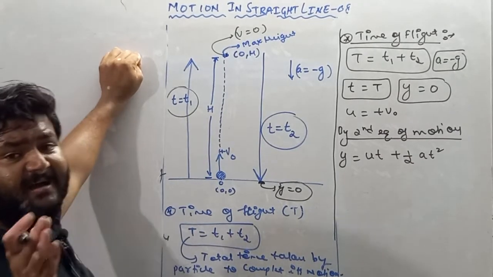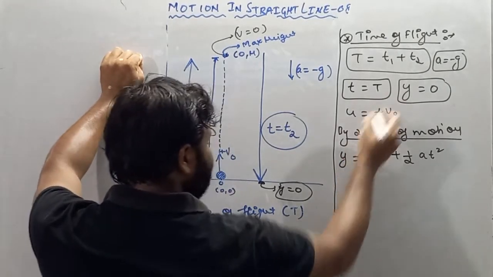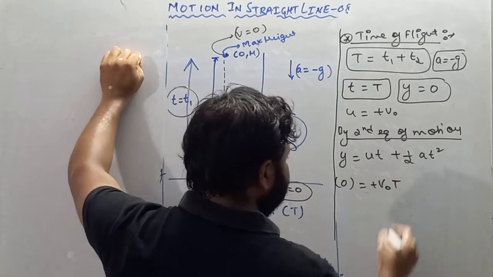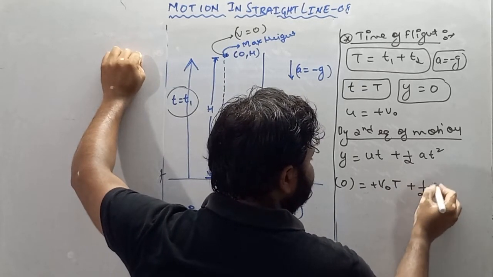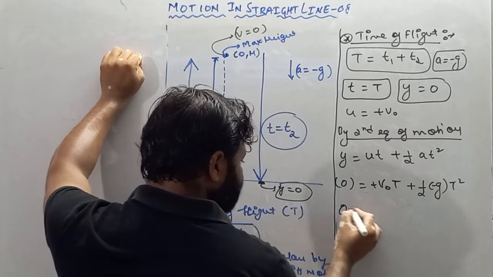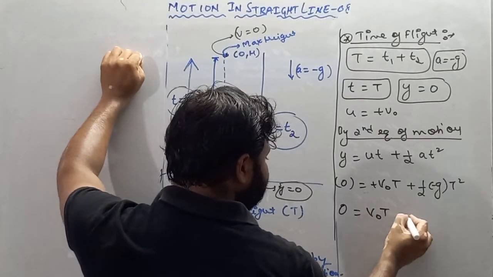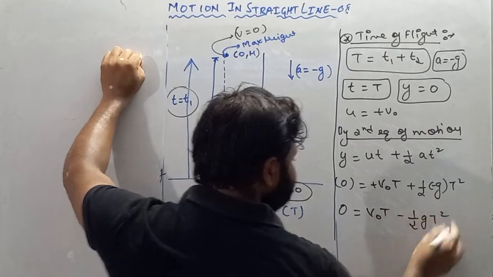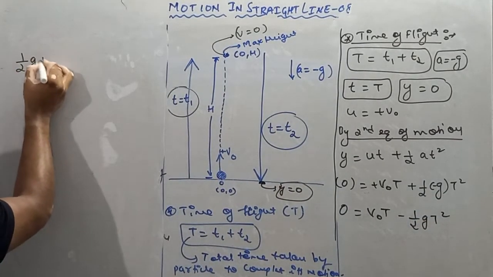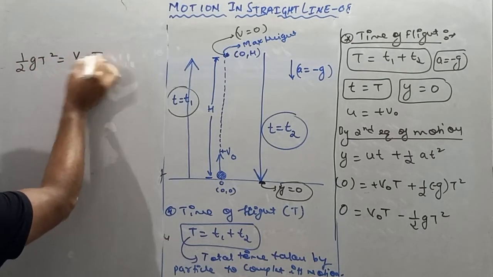Minus means negative direction. So y is 0, initial velocity is plus v naught into capital T, minus half g t square. So 0 is equal to v naught capital T minus half g t square. This value comes to this side, so it will be half g t square is equal to v naught t.